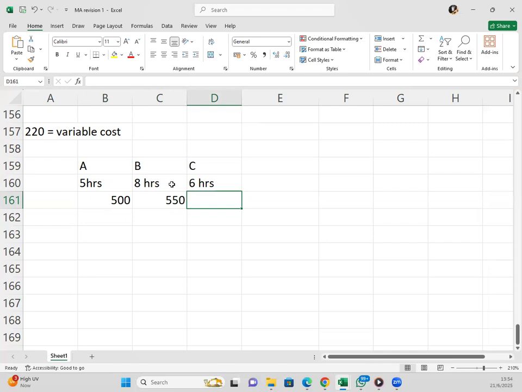And company C is saying we can offer you $540. And the maximum hours you can work per day is 8 hours.